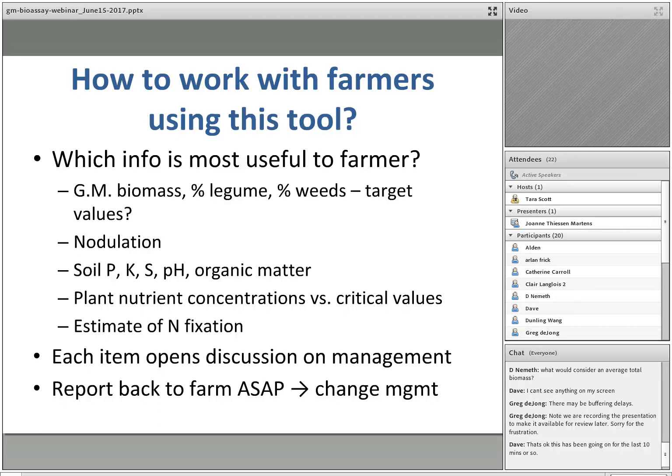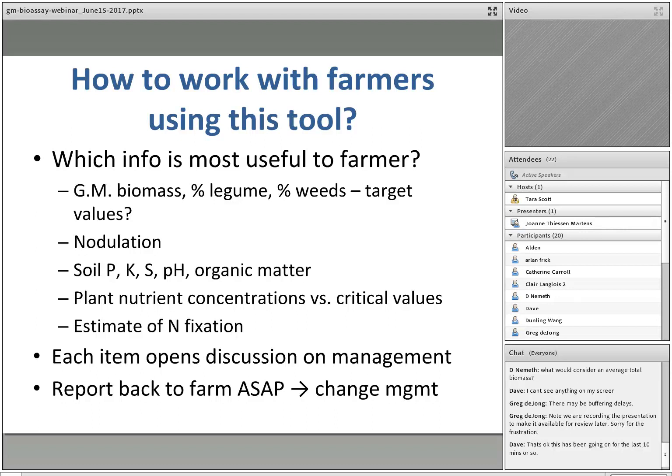Again, we don't really have hard and fast target values for those, but it's important for them to know those. If the weed proportion is really high, it suggests there's a management issue going on there. Similarly, if the legume proportion is quite low, there could be some management issues in terms of what their mix is, if they're seeding a mix, or the weed management, that kind of thing.